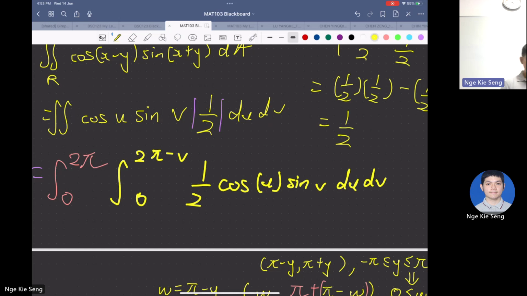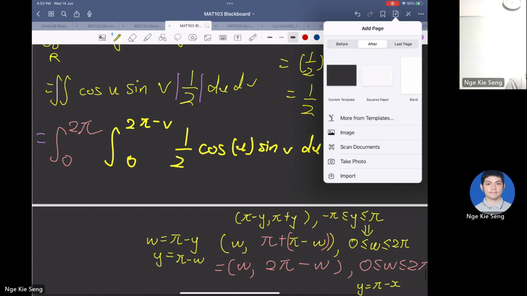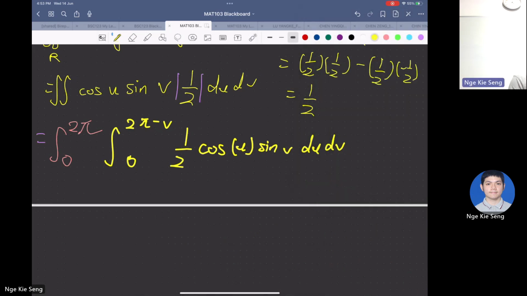Okay, so good. What's the next step? How to integrate with respect to u? Cos u, so what do you get? Sine u, correct?